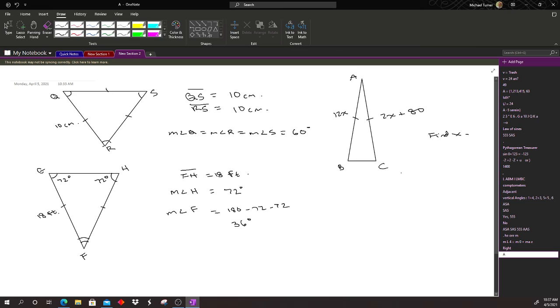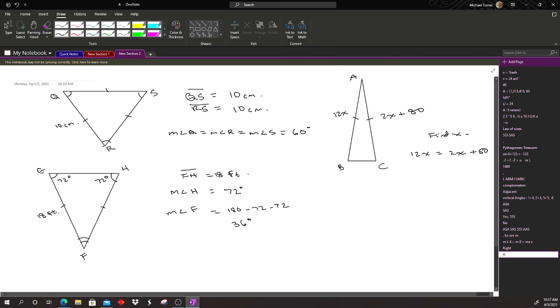Because it's isosceles by definition, these two measurements have to be equal to each other. So I can set up an algebra problem, 12x equals 2x plus 80. Subtract 2x on both sides, and divide by 10 to get x equals 8. I could also ask you for the measurement of AB or the measurement of AC. They're the same. So if I do that, then you plug in 8 back into the equation. Doesn't matter which one. If I plug it into 12x, 12 times 8 would give me 96. And then if you are given units, centimeters, inches, etc., then you would include those.